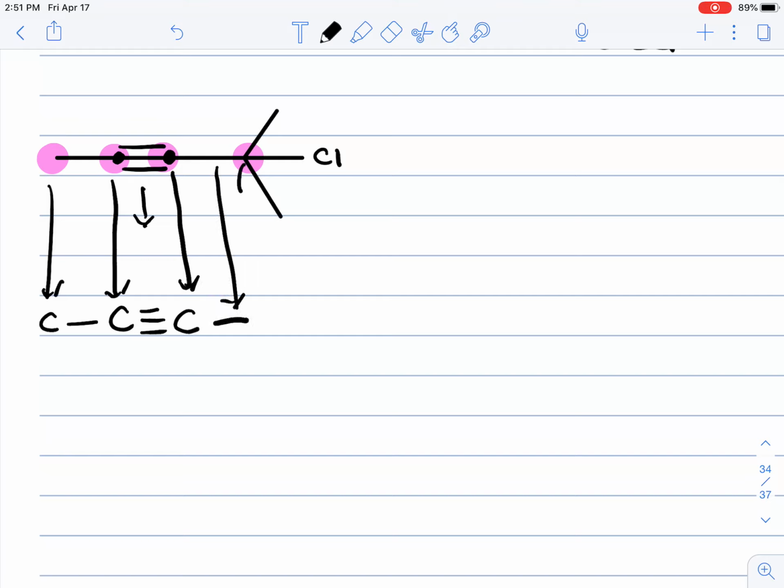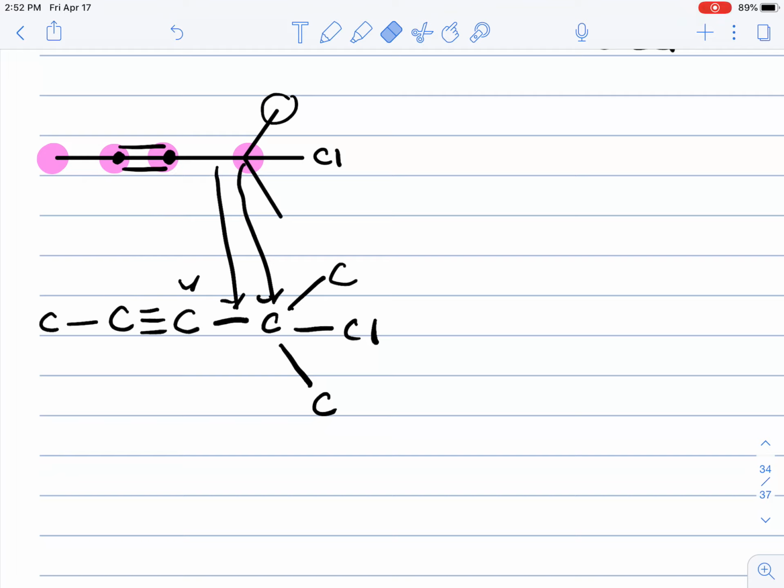And the last carbon that I just wrote is connected to another carbon up here, and then it's connected to chlorine, and then it's connected to another carbon. Okay, and so hopefully by translating this skeletal structure just to see the carbons, you understand why I highlighted the two carbons in pink on either end of the triple bond. Okay. So I'll just go ahead and erase some of this stuff.